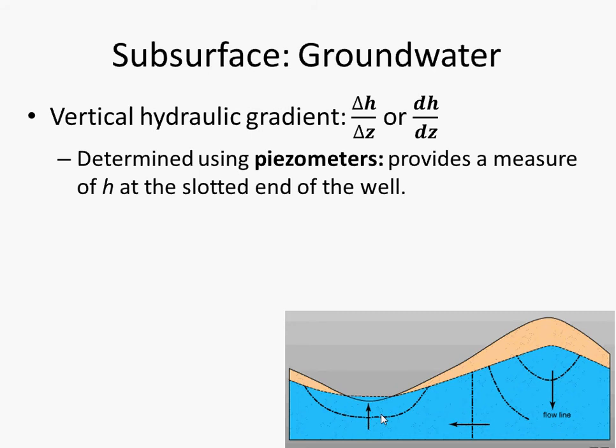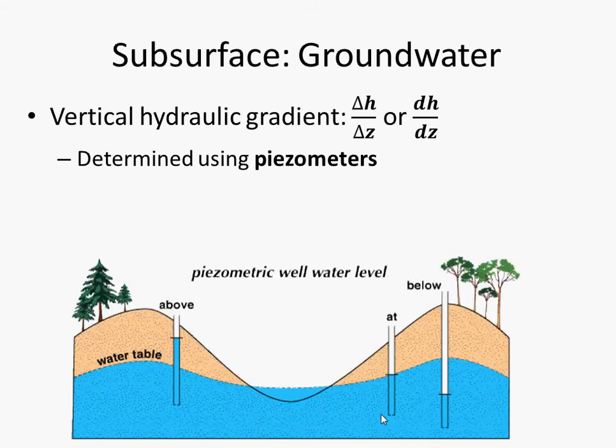Okay, so a vertical hydraulic gradient is determined using piezometers. Piezometers provide a measure of hydraulic head at the slotted end of the well. They are typically only slotted at the end of the well. That's what this picture is showing you here: three different piezometers, and you can see that we're no longer just measuring the hydraulic head at the water table.